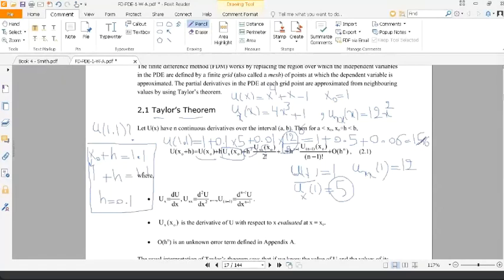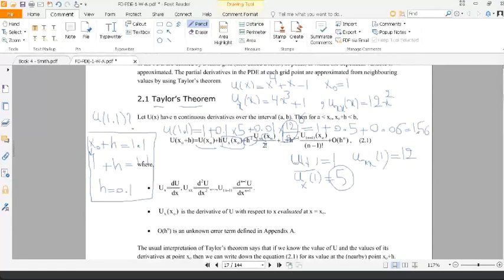But for the exact solution of u of 1.1, I should use the formula of u: u equals x to the 4 plus x minus 1.